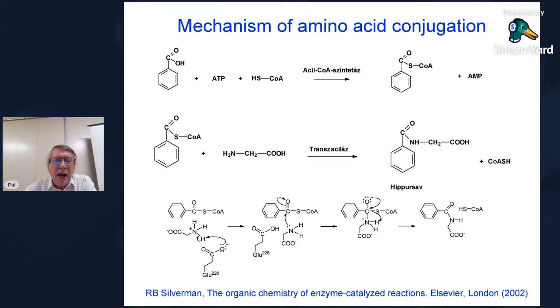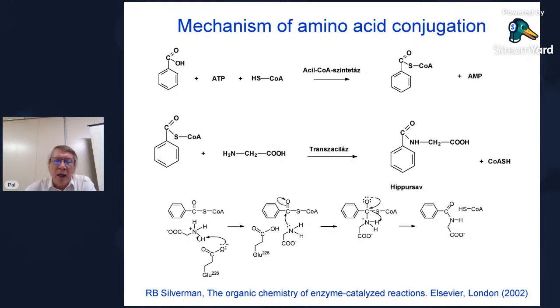As for the mechanisms of the amino acid conjugation, it involves activation of the substrate molecule, I mean the carboxylic acid. The foreign carboxylic acid, at the expense of ATP and CoA, in the presence of acyl-CoA synthetase enzyme, forms a CoA ester.